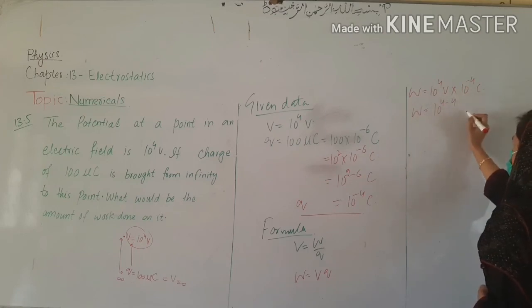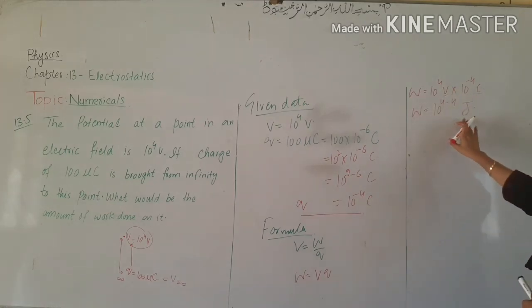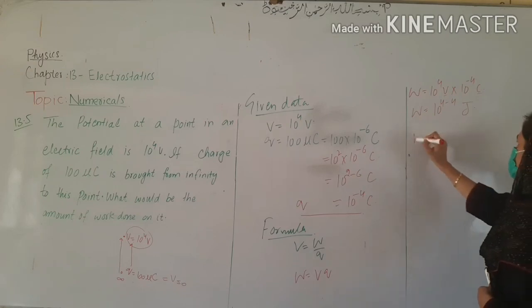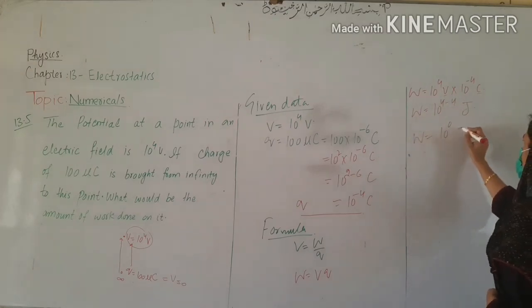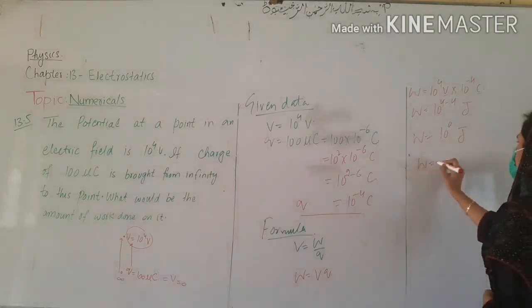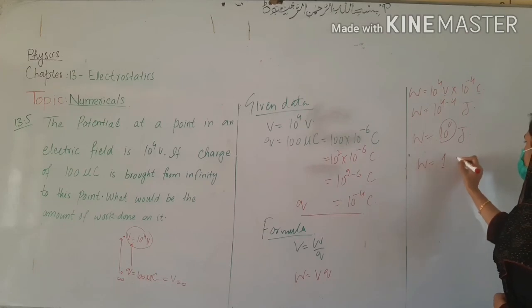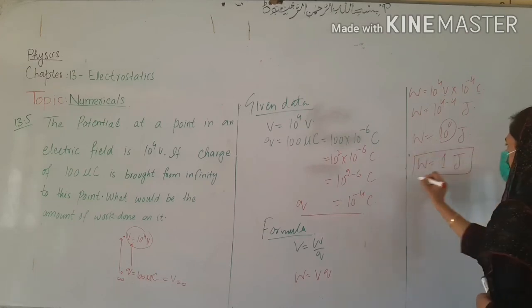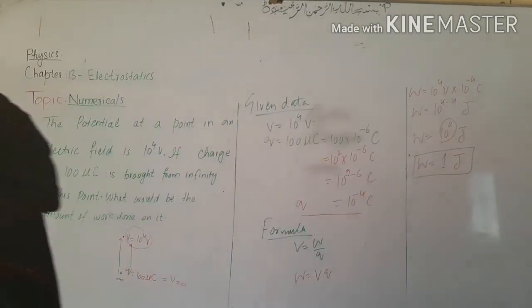Work done can be written in the form of joules, because volt and coulombs combined will be equal to the joule unit. This is the required answer of numerical 13.5. Thank you, students.